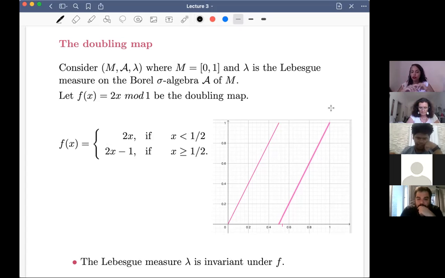And we saw that Lebesgue measure, which is the measure that gives the length of an interval, is invariant under the doubling map. So we already have an invariant measure for the doubling map.